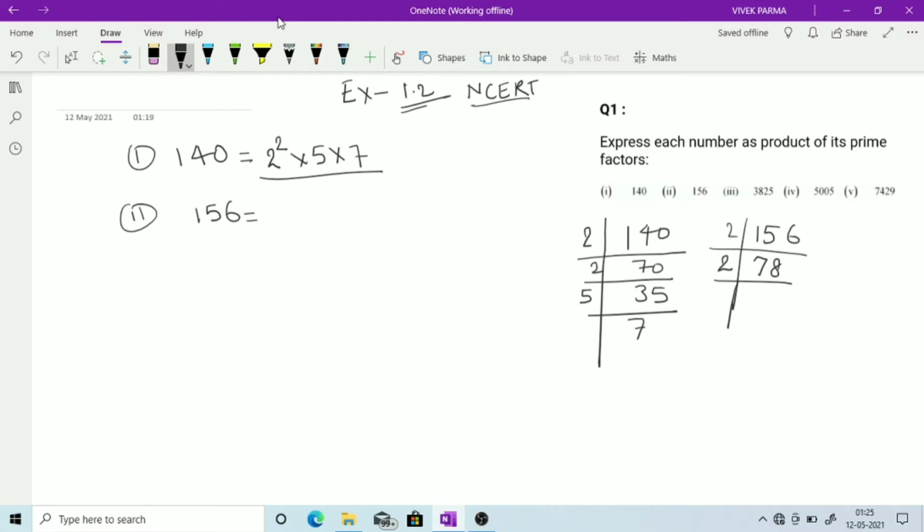So here will be 39. Now this is divisible by 3, so here is 13. So write this 156 as the product of its prime factors: 2 square into 3 into 13.